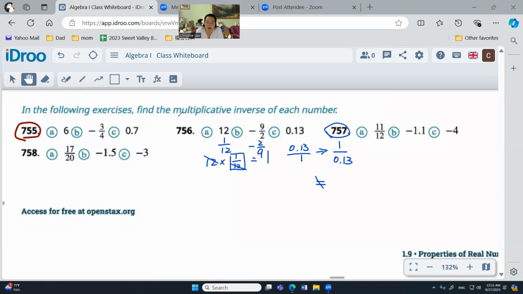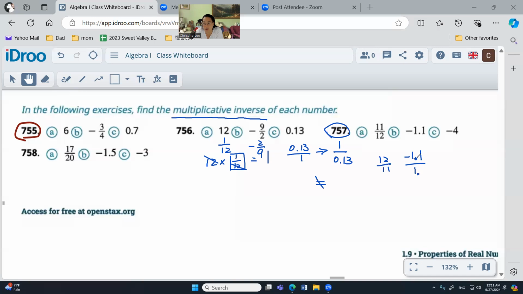All right, if you want to have the multiplicative inverse, you just flip it. 1.1, how do we change it to a fraction? Well, that will be negative 1.1 over 1. And then you want to put the dot. Dot is here.